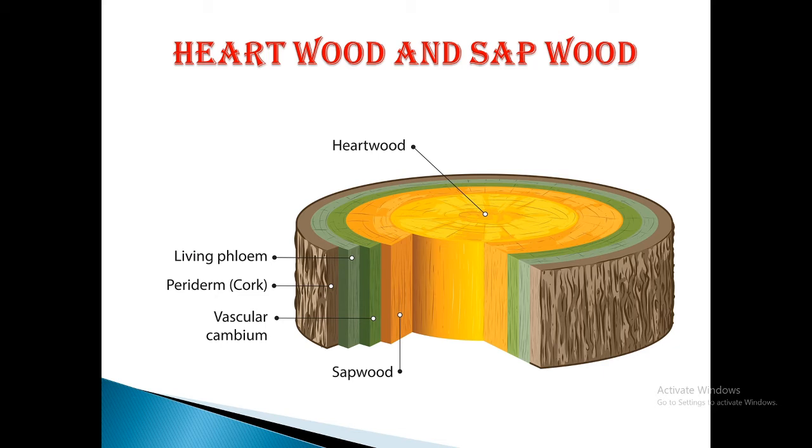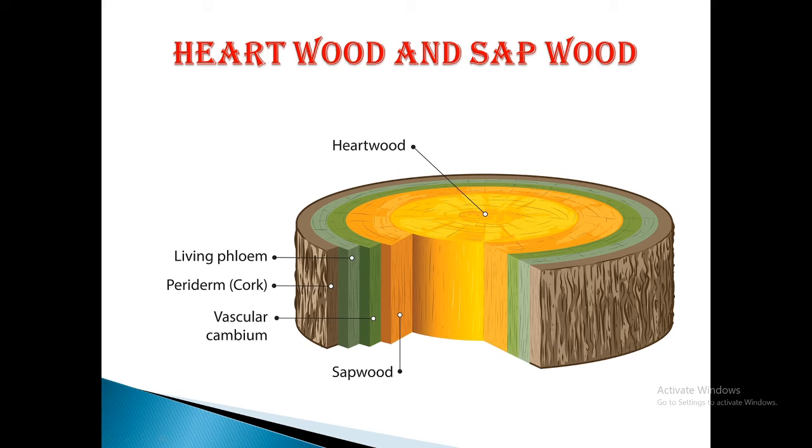Below the cork, the living secondary phloem is present, and on the lower side of the secondary phloem there is the vascular cambium, which results in the secondary growth of the plant.